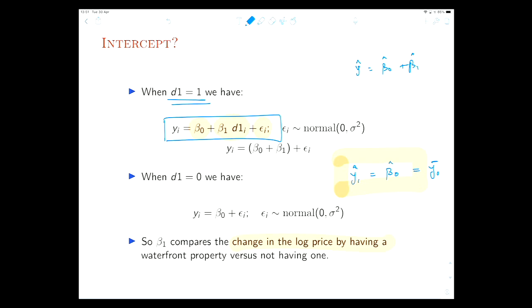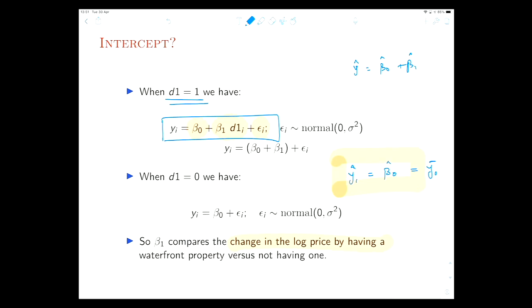For a waterfront property, we would expect Y hat to be equal to Y1 bar, the group mean for all the waterfront houses. But we are already expecting beta 0 hat to be Y0 bar, and so we would have beta 1 hat to be Y1 bar minus Y0 bar.